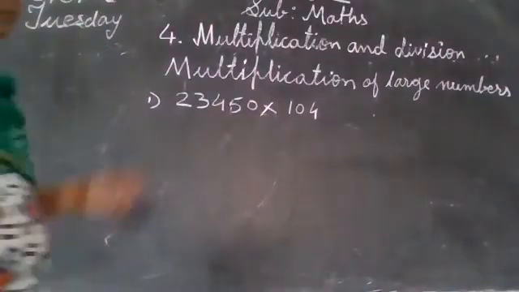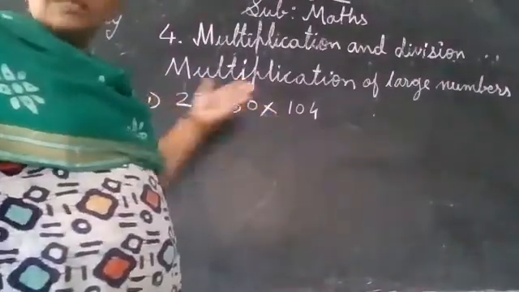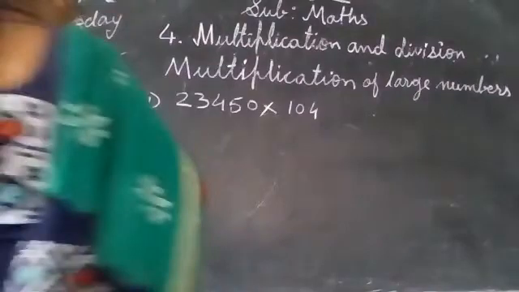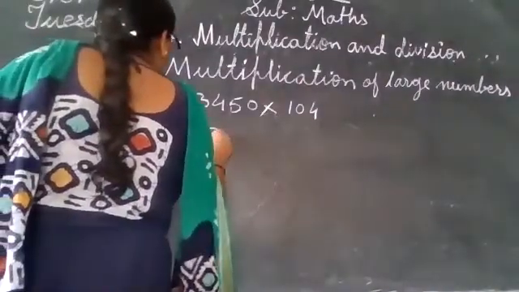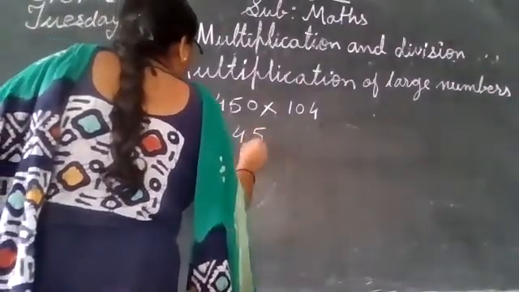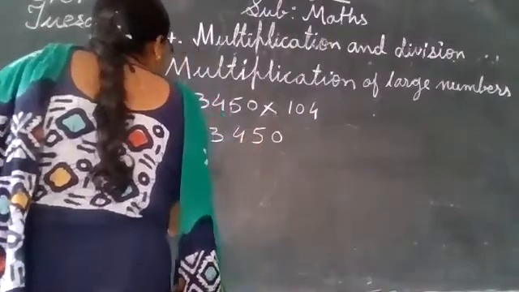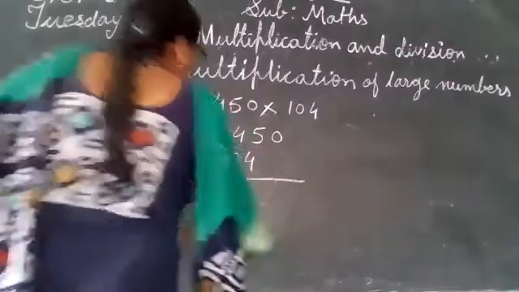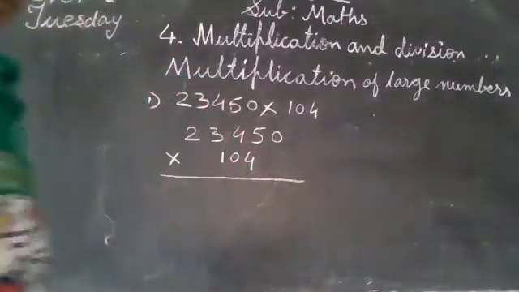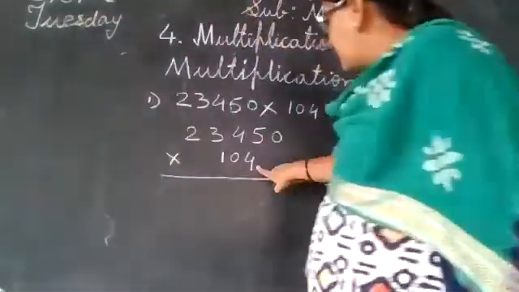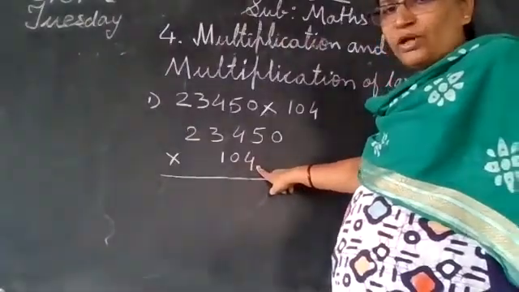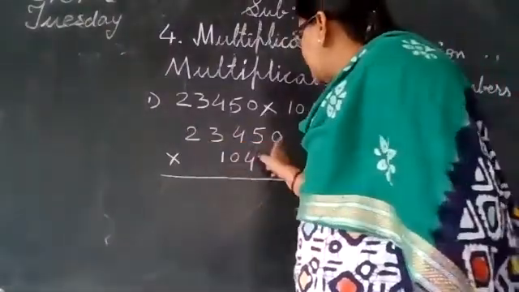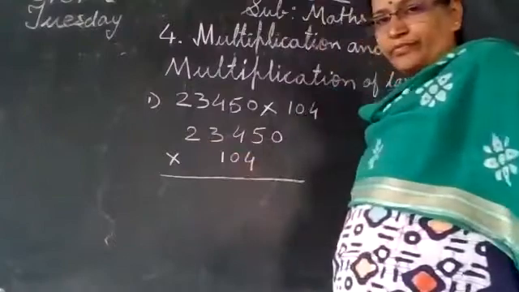So what to do, beta? First we will arrange these numbers vertically. So 23450 and multiply it with the 3-digit number. Okay, now see what to do. First, we will take 4 and multiply each digit of this.